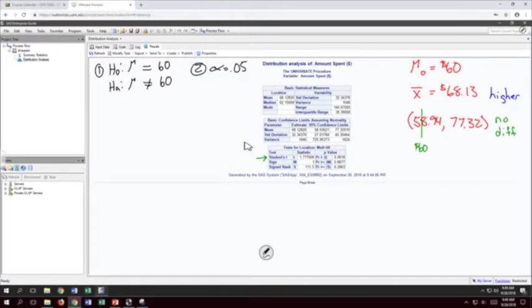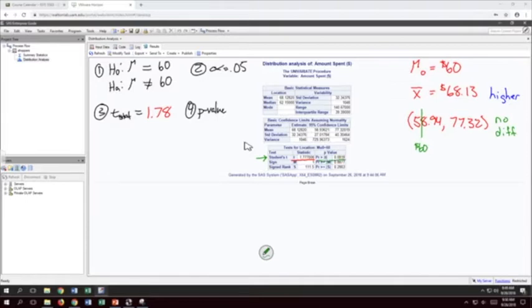Step one, step two, step three says, what is our test statistic? And we get that from right here. Our test statistic is 1.78, rounded to two decimal places. Step 4 says, what's our p-value? Our p-value is from right here.